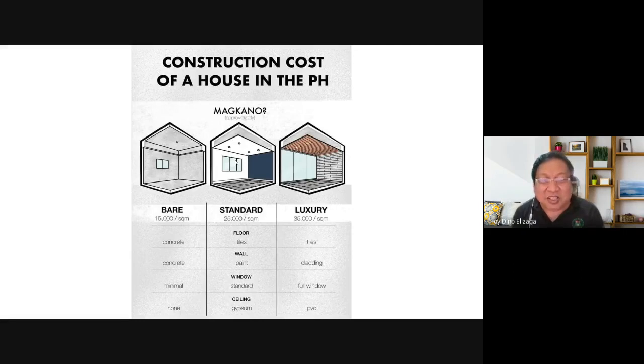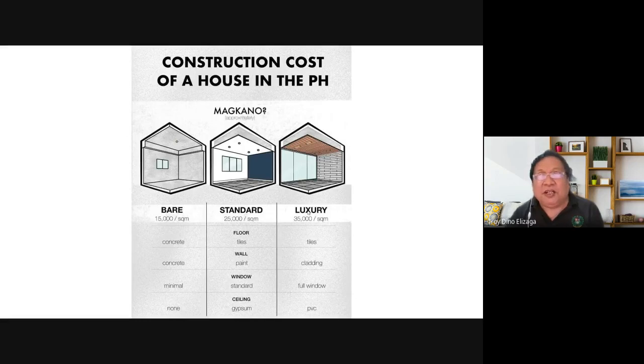Okay, so if you're going to build something bare, that's 15,000 per square meter. And standard, you have tiles, you have paint, nothing luxurious, so 25,000. And then if you have some luxury, but this is not even luxury per se, because you can go much, much higher, so this is like a basic luxury. That's 35,000 per square meter.